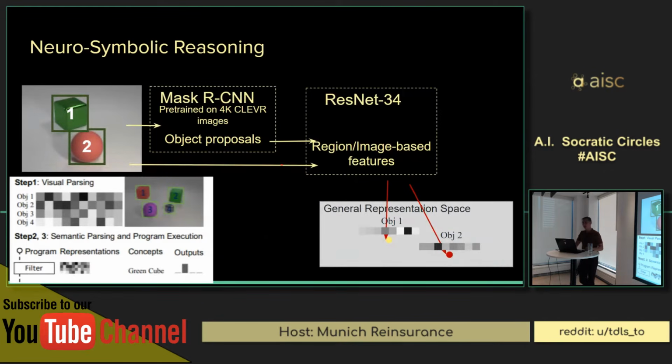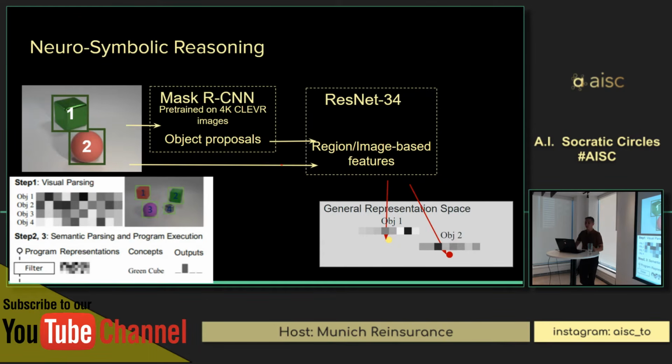Yes, so to answer questions about how we extract the visual representation of the scene, they use a pre-trained Mask RCNN module. It is pre-trained on 4,000 CLEVR images to detect boundaries.